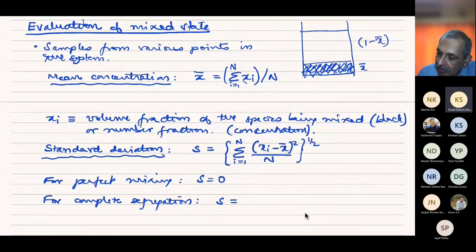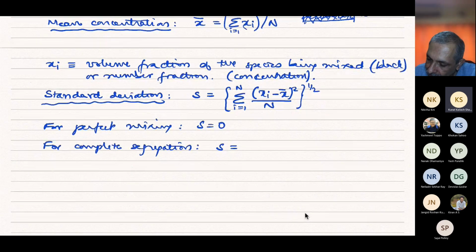So if you are black, then xi is equal to 1, and the probability of getting that is x bar. And if you go here, then your concentration xi will be 0, and the probability of getting that is 1 minus x bar.